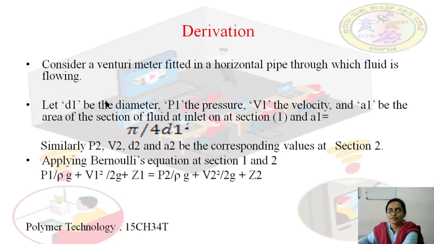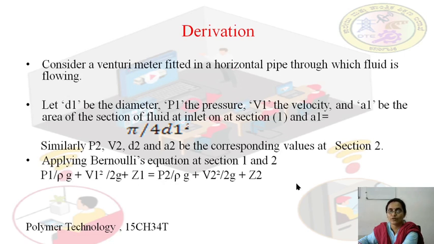We know in a constant flow pipe, two sections will have equal energy. According to Bernoulli's equation, at any two points of a pipe, the total energy, that is pressure energy plus kinetic energy plus potential energy, will be constant.